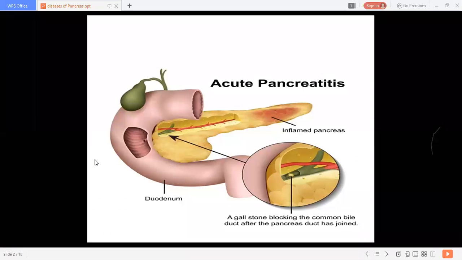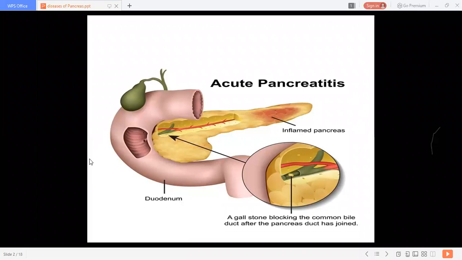All these symptoms are always acute. And the patient always gives a history of alcoholism, drug induction or a viral infection, that is after measles and mumps, which is very common in acute pancreatitis.